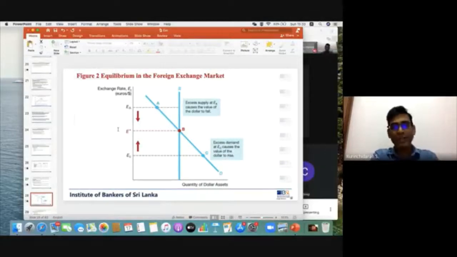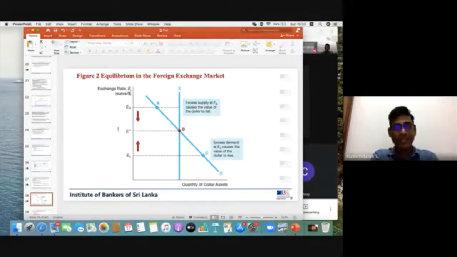Okay, now when you say quantity of dollar assets, you can think of dollar currency, US Treasury bills, that is, dollar-denominated US Treasury bills. And now you can see dollar assets, or the supply of dollars, is fixed.